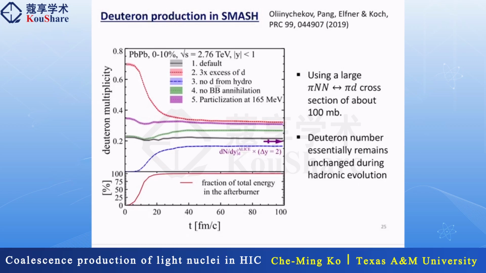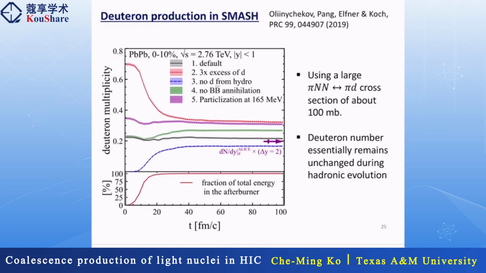The only difference is we look at the nπ to dπ, and now they look at the πNN to πd. That cross section they use is 100 millibarn, while with nπ to dπ we used 10 millibarn, so a factor of 10. Again, they get the same conclusion. It doesn't matter how you start with the initial neutron number, the final neutron number is the same. The neutron number essentially remains unchanged during the hadron evolution. That's the idea.